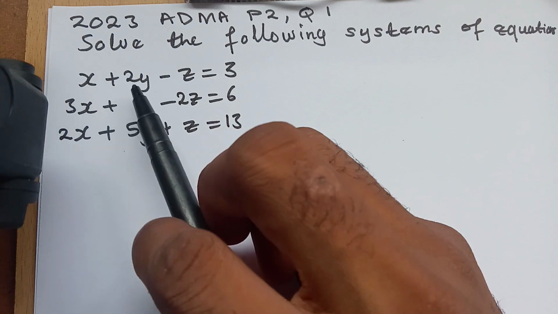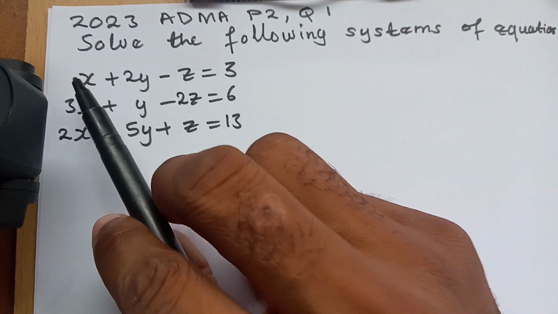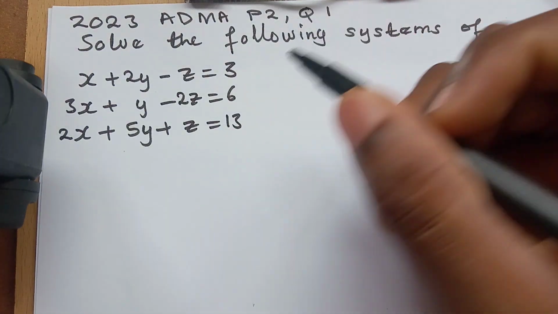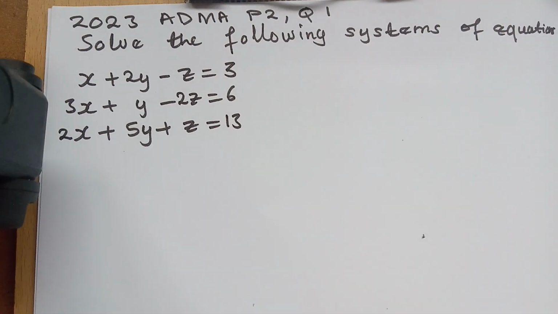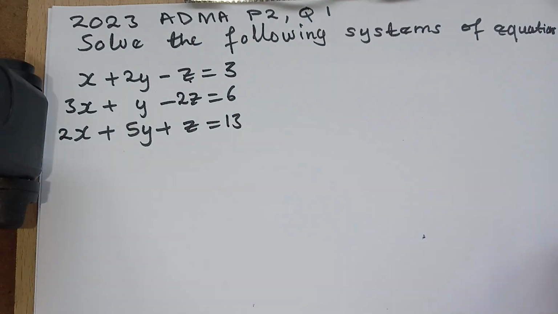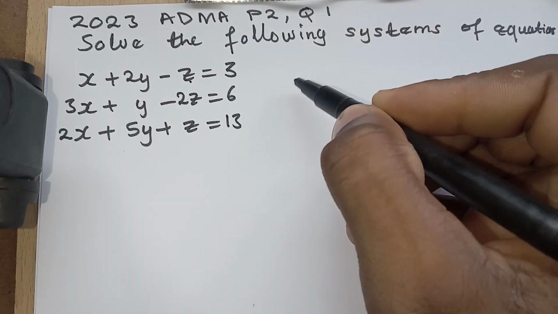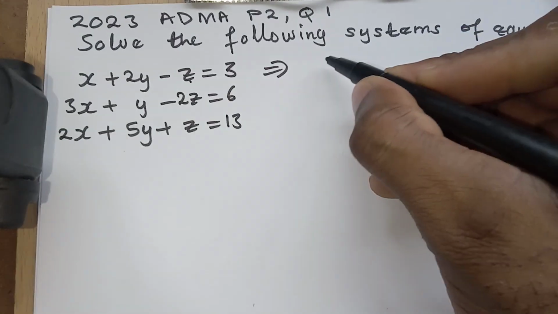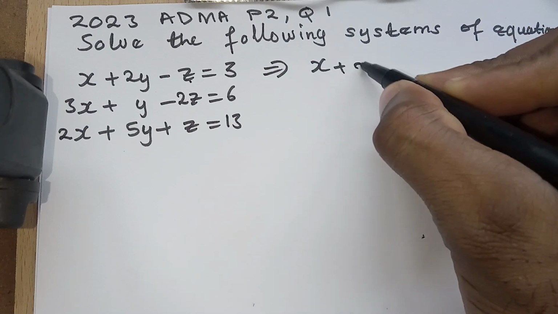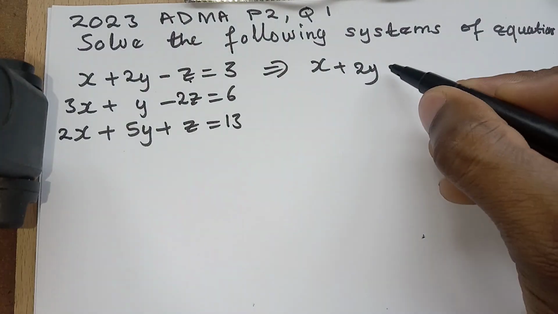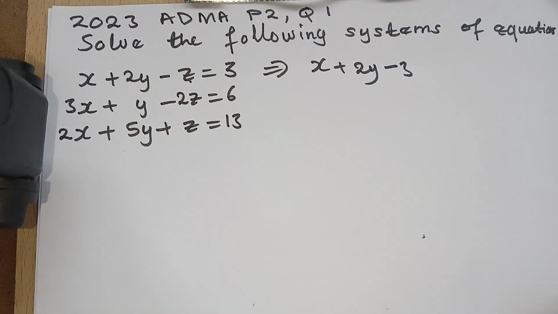If you want, you can take these two to the other side so that x is the subject of the formula. But I think it will be much easier to just make z the subject of the formula, because I can just take the z this side and the 3 this side. So this will be x plus 2y, and then I'll take the 3 to the other side, which will be negative 3.